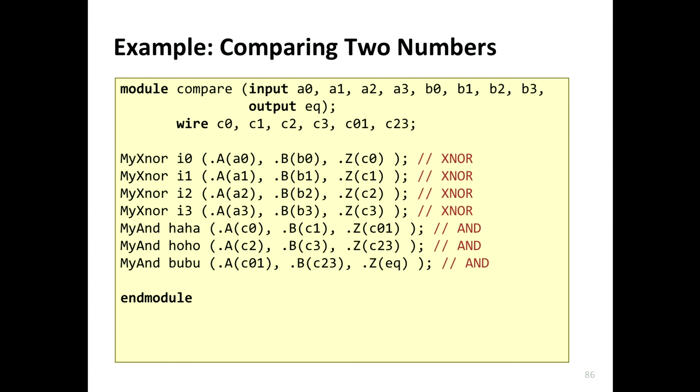And then what you do here is you have to XOR A1 with B1. You understand? So you have to do bitwise XNOR. And similarly, you will XNOR A2 with B2, and so on.